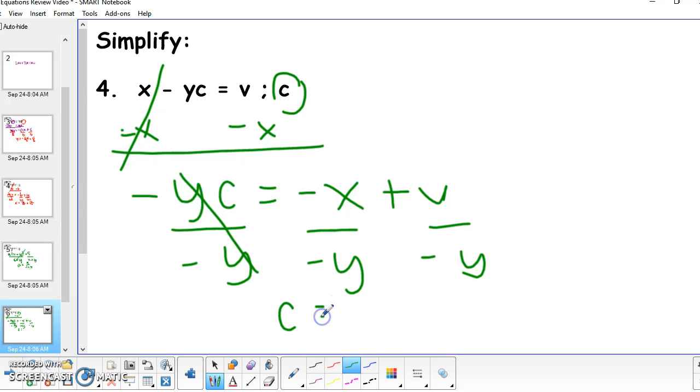And I'm left with positive x divided by y, because again, two negatives cancel out, make a positive, minus v divided by y. And the reason I got minus or negative is because a positive divided by a negative is negative.